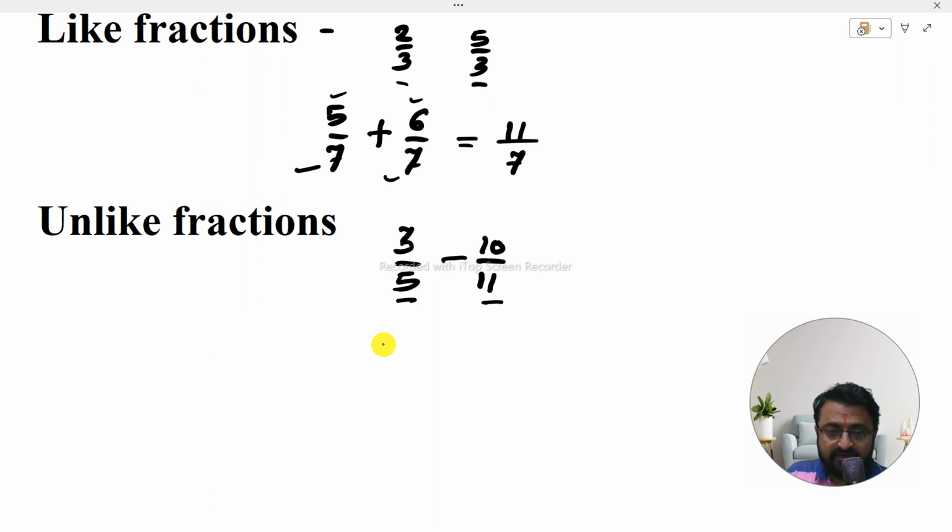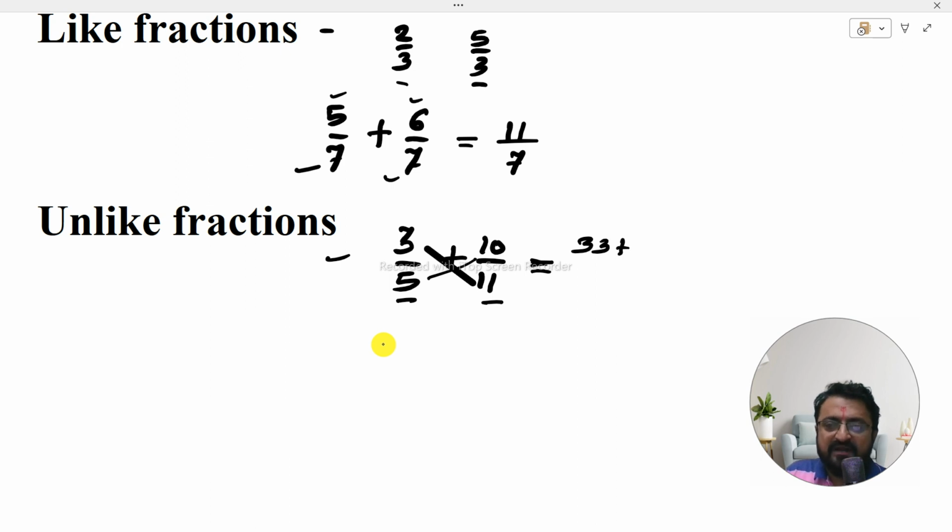But sir, what about unlike fractions? Suppose we want to add unlike fractions, then you just have to apply a very simple shortcut method. You can apply the cross multiplication method, like 11 and 3 multiply, so you will get 33, plus here you will multiply 5 and 10.